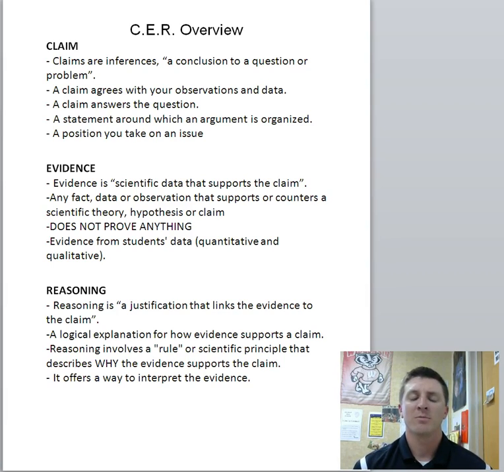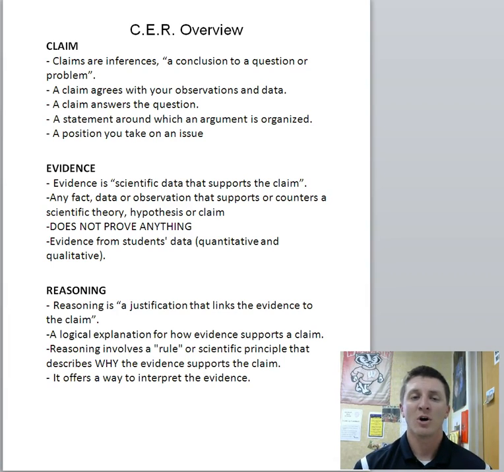CER stands for Claim, Evidence, and Reasoning. And in science, we like to write conclusions and draw conclusions based off of data we collect. Those 3 components, claim, evidence, and reasoning, are components to an evidence-based response or conclusion.